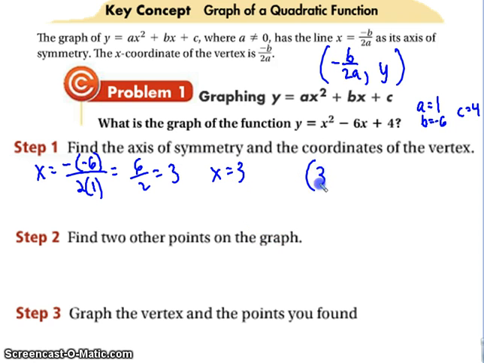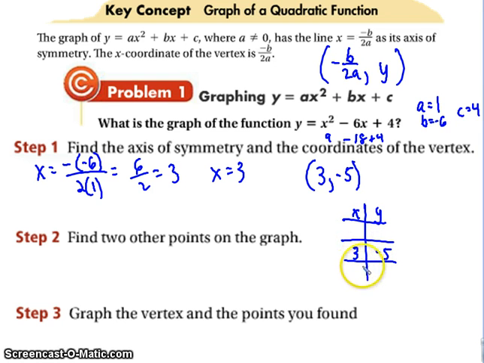Now I know that the x value of the vertex is 3, so all I have to do is plug this in. 3 squared is 9 minus 18 plus 4. So I get negative 5 for the vertex. Now I've got the vertex right in the middle, so I can simply put that straight in the center, 3, negative 5, and all I have to do is pick one number bigger and one number smaller, and just plug them in.